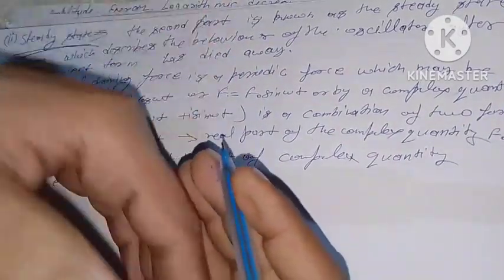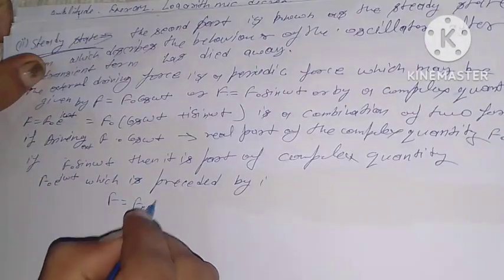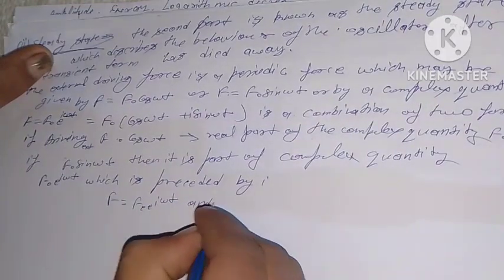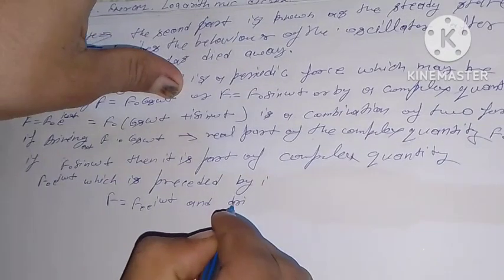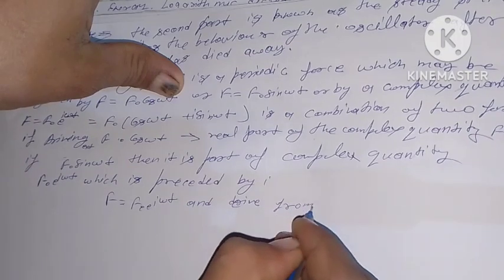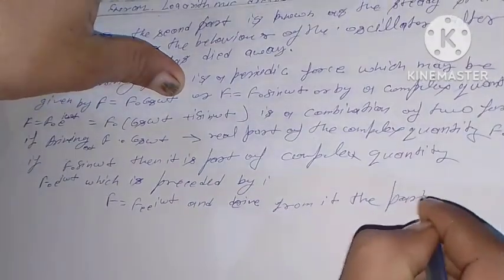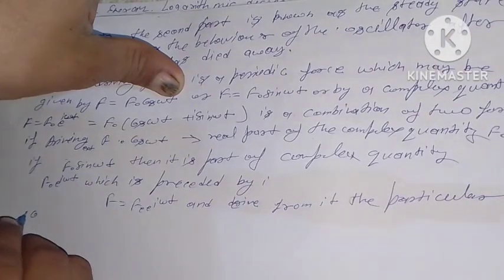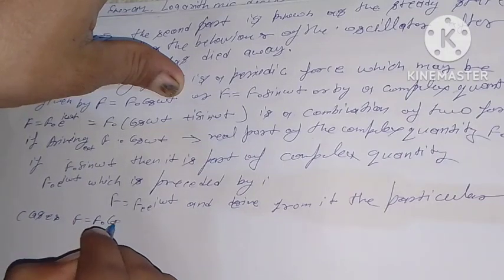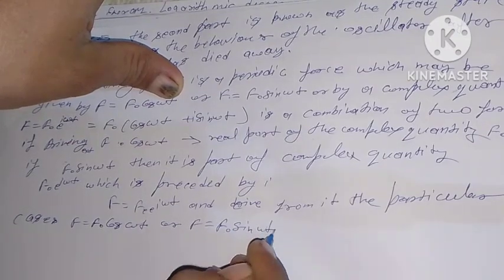We shall therefore consider a general case of the external force given by F equal to F naught e to the power i omega t, and derive from it the particular cases F equal to F naught cos omega t, or F equal to F naught sin omega t.